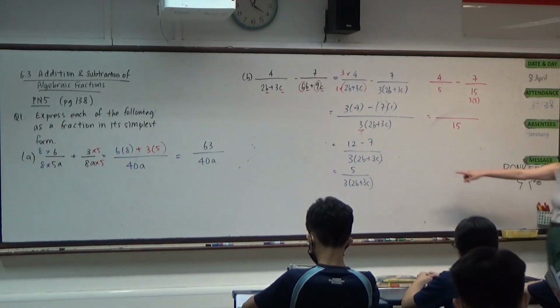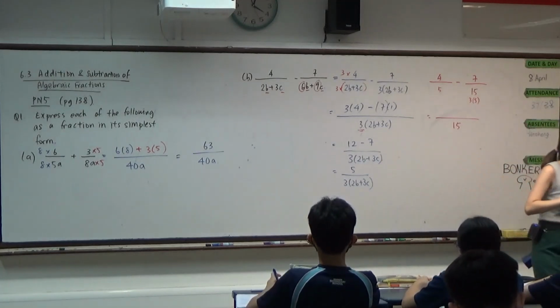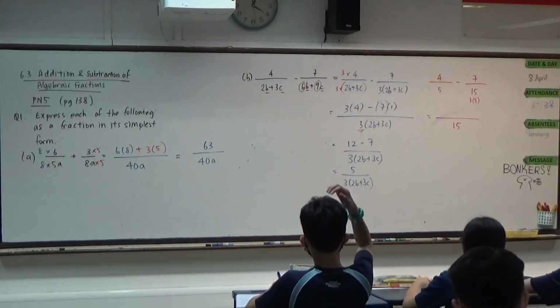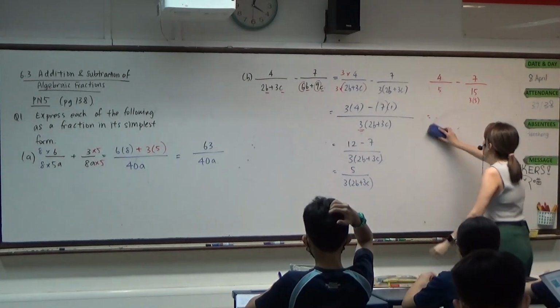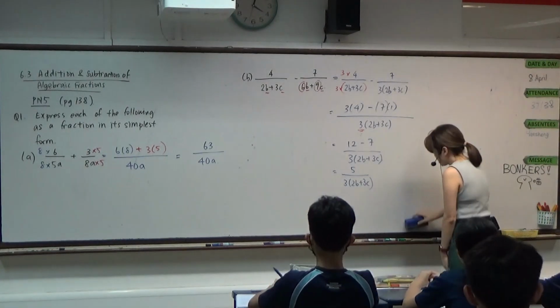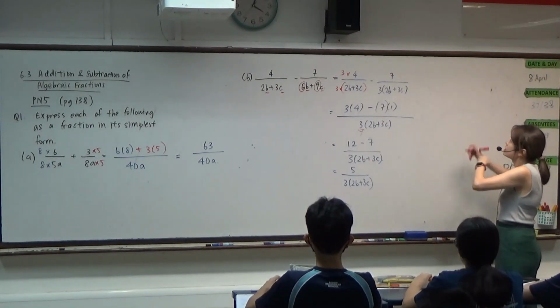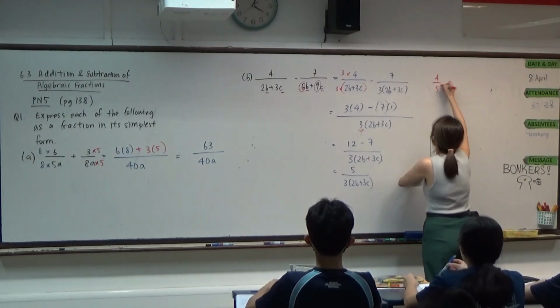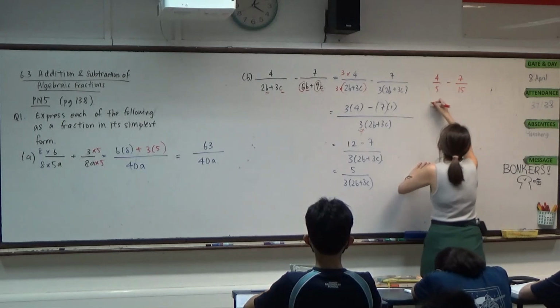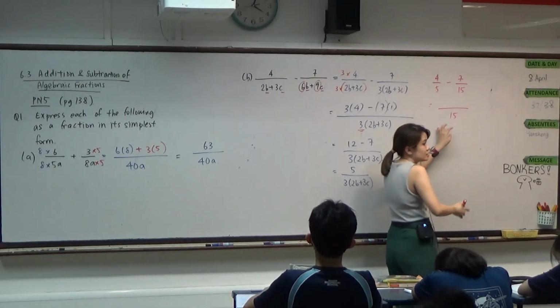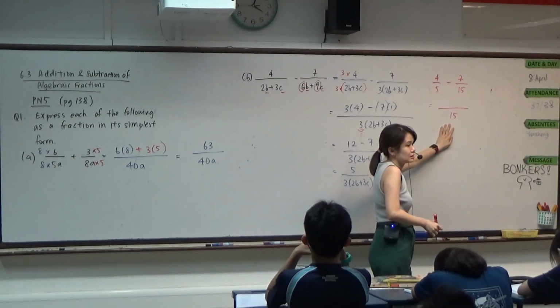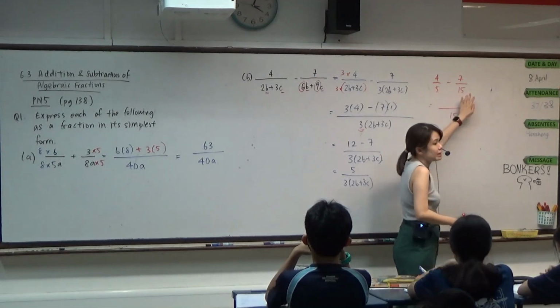How is that 3 there? Okay, what are you thinking of then? Okay, maybe I give you some numerical example. Just now when I gave you 4 over 5 minus 7 over 15, you understand why we're getting a 15 denominator, right? Because nothing same denominator.